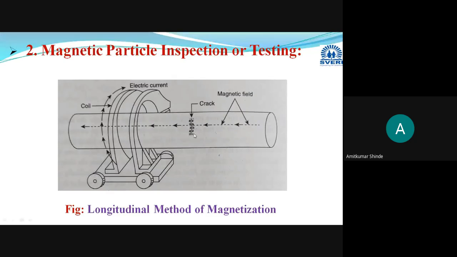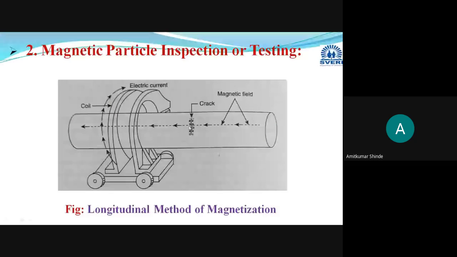Next is the transverse crack. This is the transverse crack. To detect this transverse crack, the current should be perpendicular to the direction of the crack.